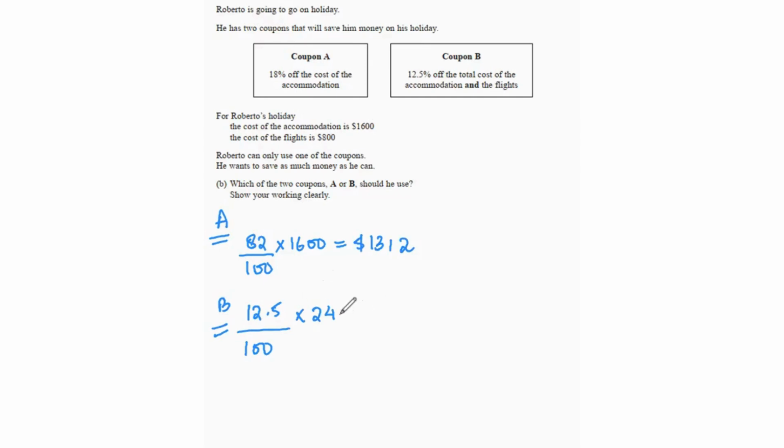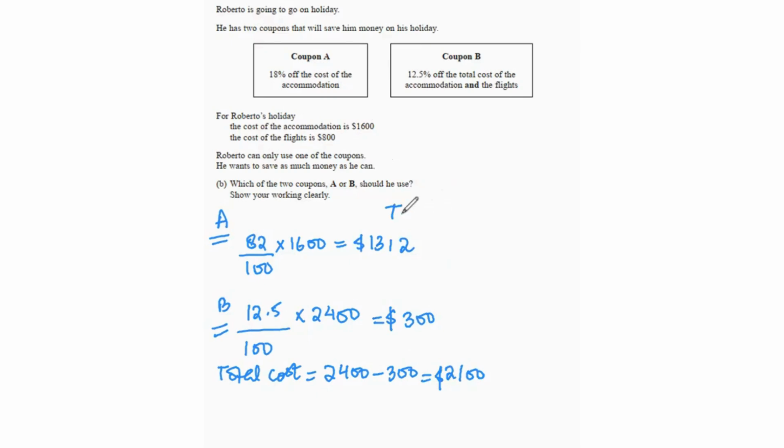So he's getting 12.5% off 2400. So 2400 times 12.5 divided by 100. So he's getting a discount of 300 over here. So his total cost will be 2400 minus 300, which is $2,100.